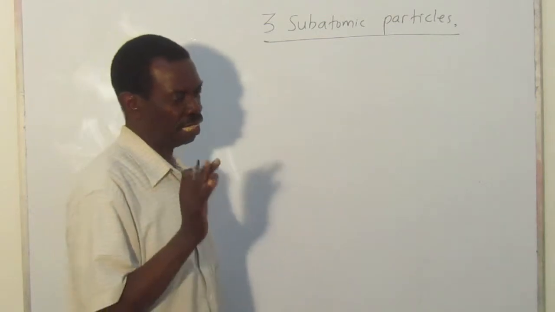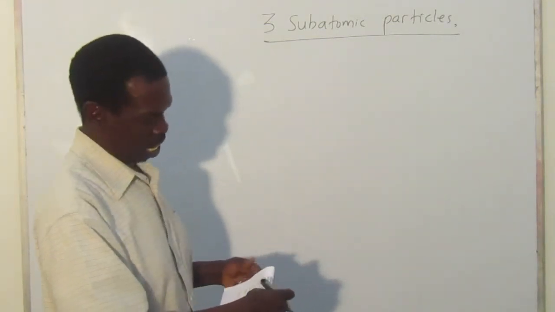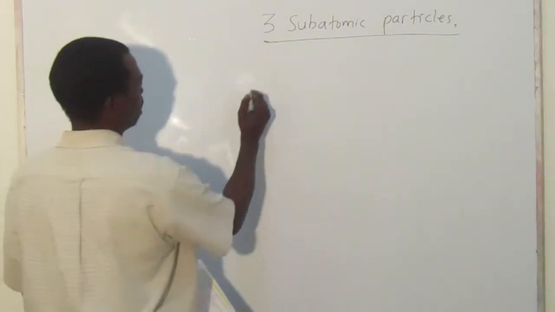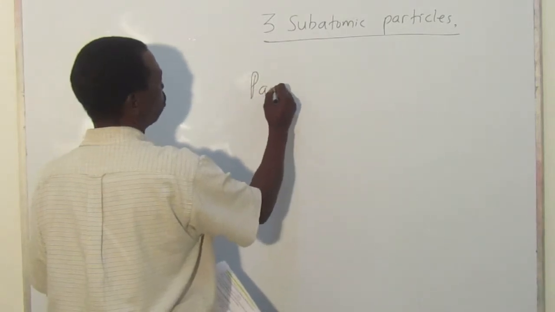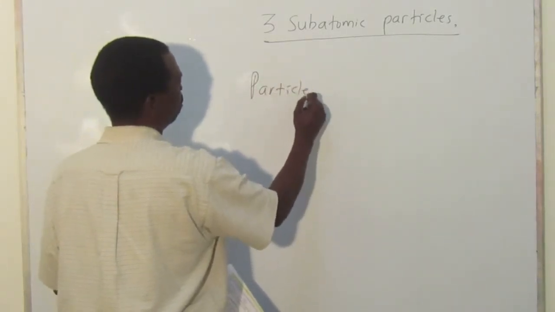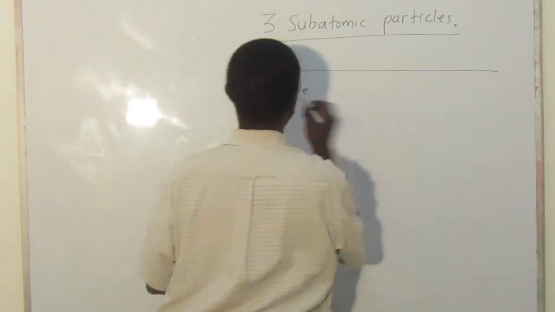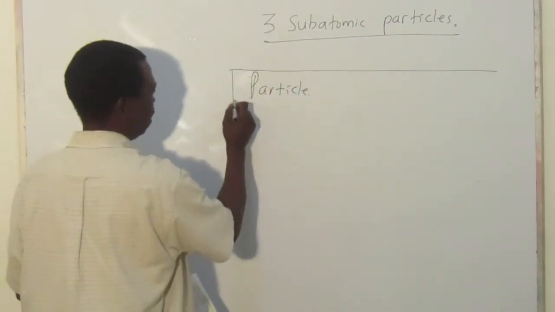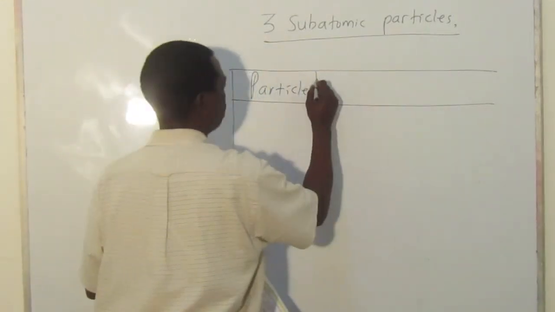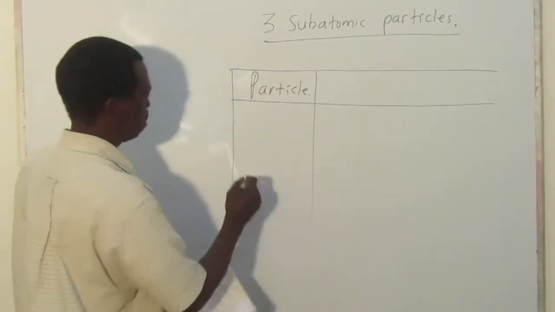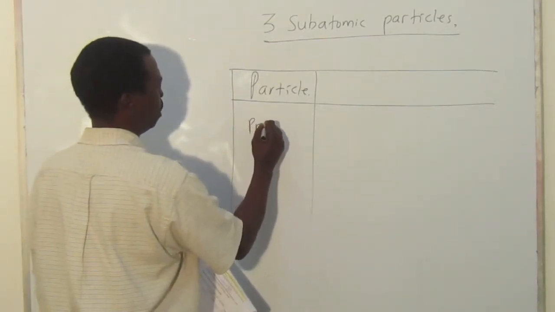So the three subatomic particles that we know, as I've said, number one, we can say the particle, if I may use maybe a table. The first one that you can talk about is the protons.